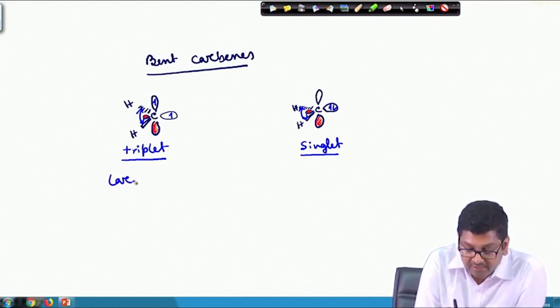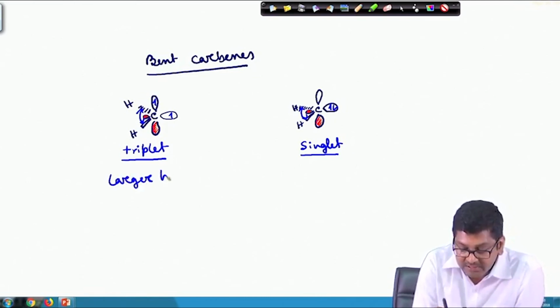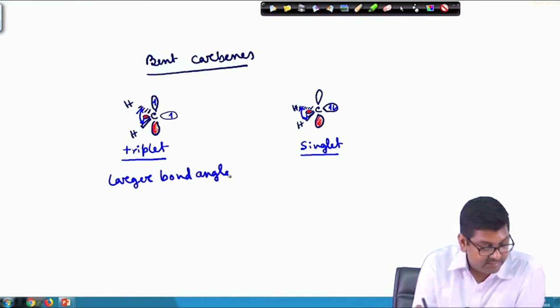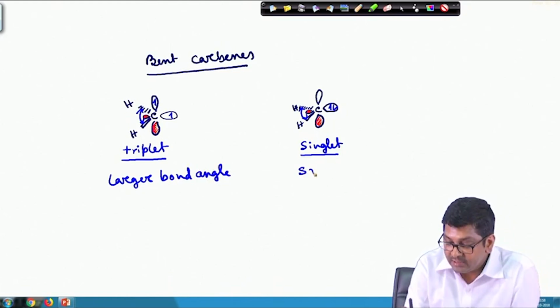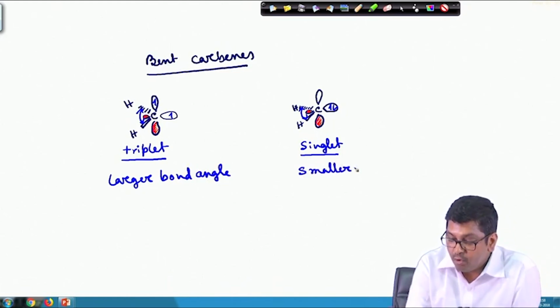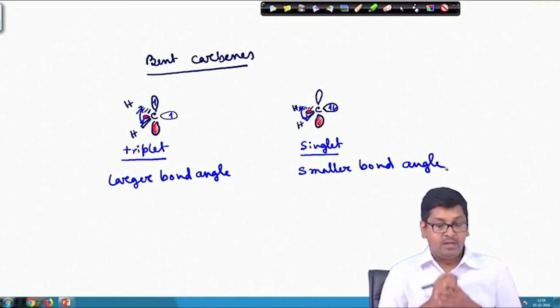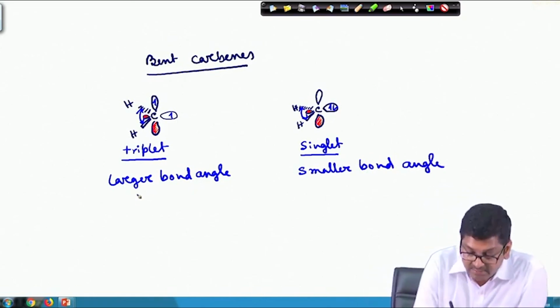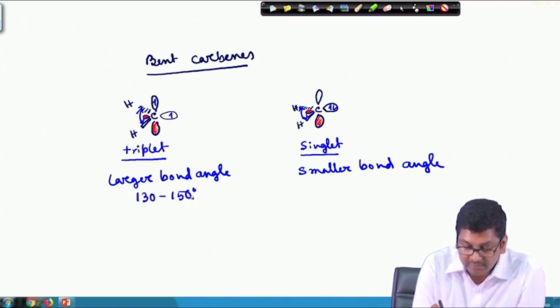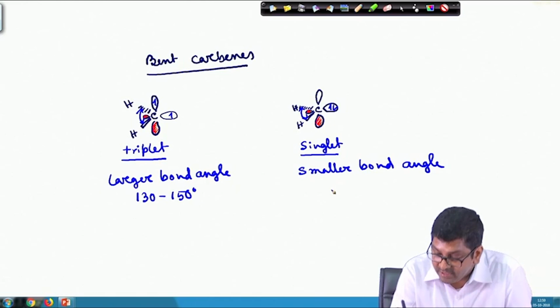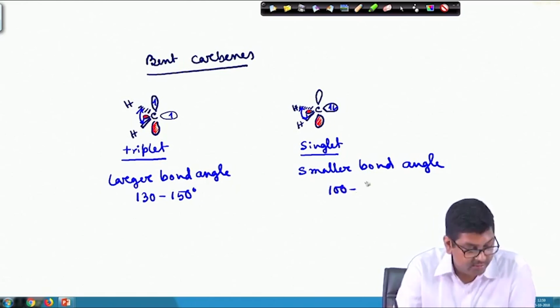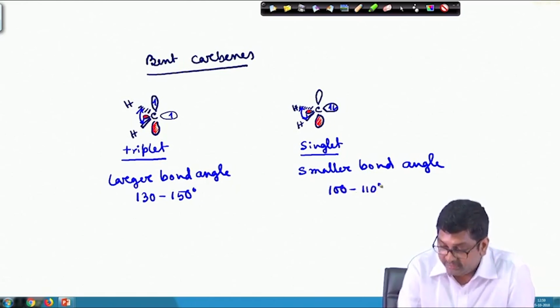So, these have larger bond angle and this is having smaller bond angle. Larger bond angle means this is having around 130 to 150 degree and here it is having 100 to 110 degree.